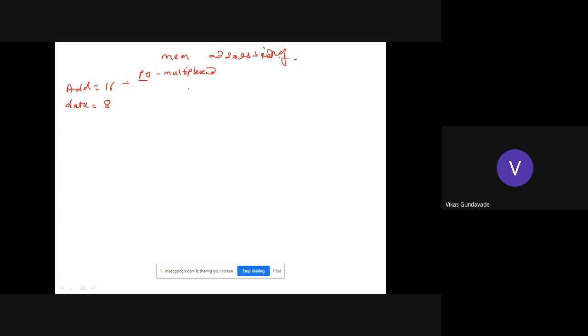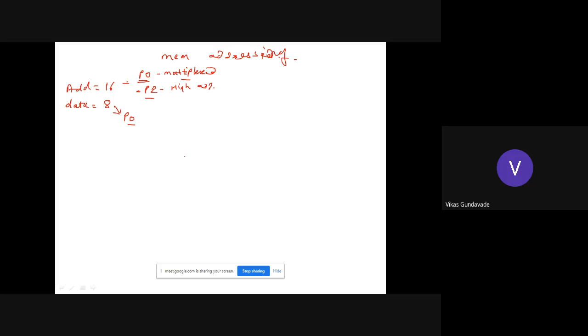Similarly, the remaining 8 address lines are available at port 2, and these are called the higher address lines. So A0 to A7 are available at port 0, and A8 to A15 are available at port 2. The data lines are available at port 0 because it is multiplexed address and data lines.